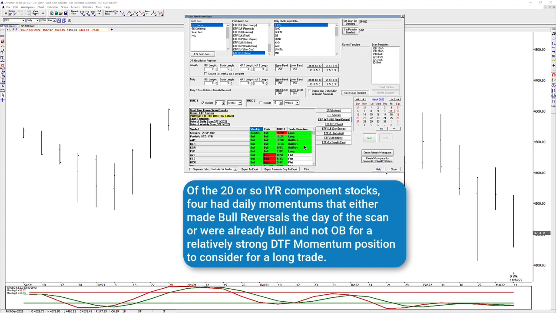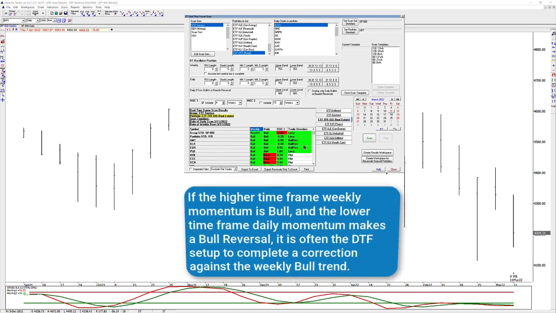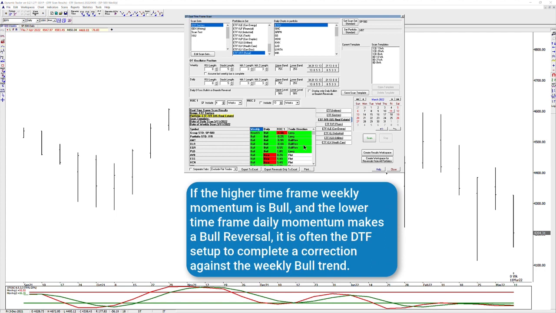And if we have a bullish weekly momentum and a daily momentum that has made a bull reversal, what does that usually represent? Frequently it represents that this market has just completed what we call a daily low, or a corrective decline against the weekly bull trend.